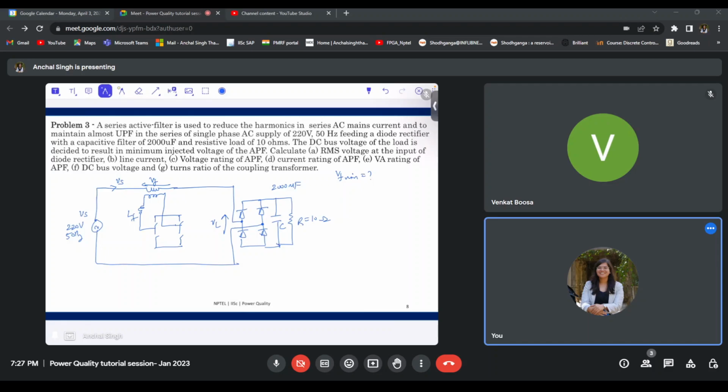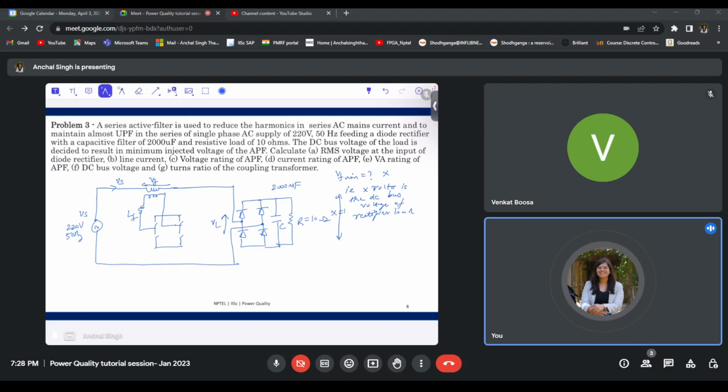In this question, let us assume that VF minimum is equal to X. That is, X volts is the DC bus voltage of the rectifier load. Let me assume that X is the minimum voltage, okay?